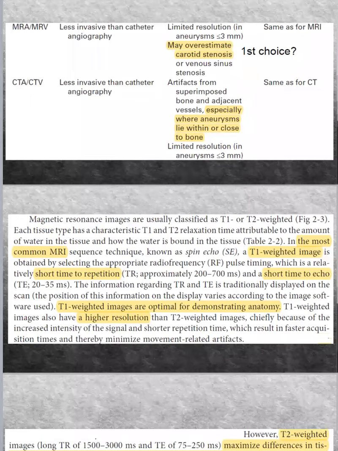MRA and MRV and CTA and CTV all share that they are less invasive than catheter angiography. By the way, catheter angiography is the gold standard, and it can be sensitive to any vascular abnormality. But here, it is extremely invasive, so I can depend on MRA or MRV if I suspect something, and I can do CTA and CTV.